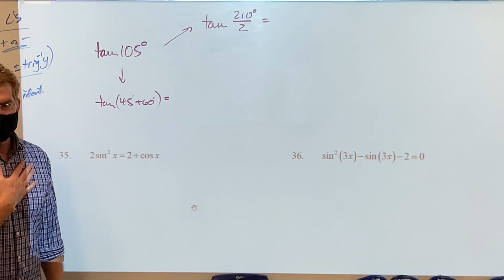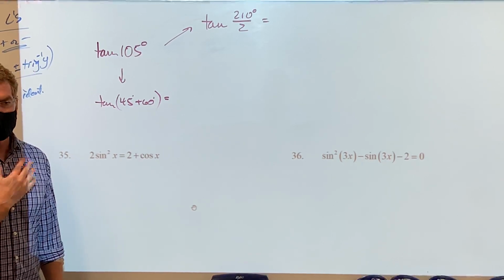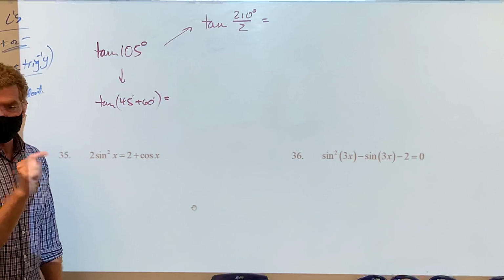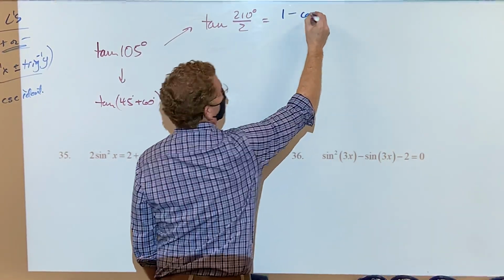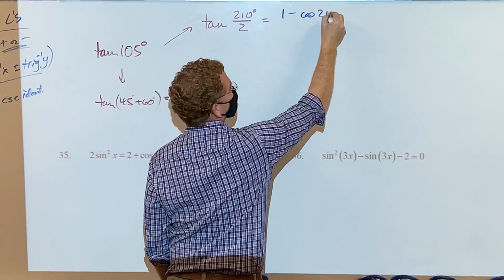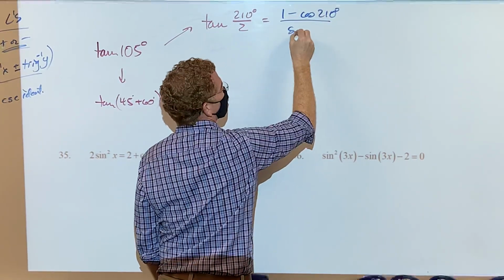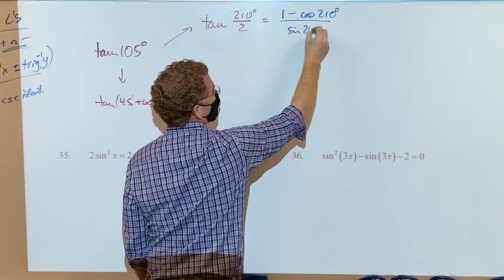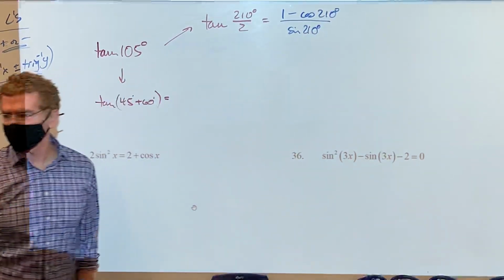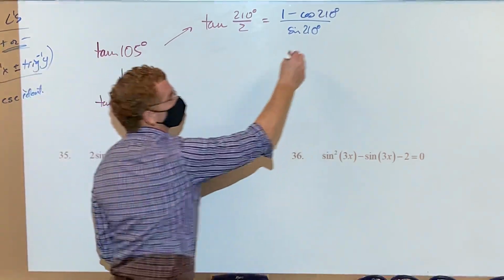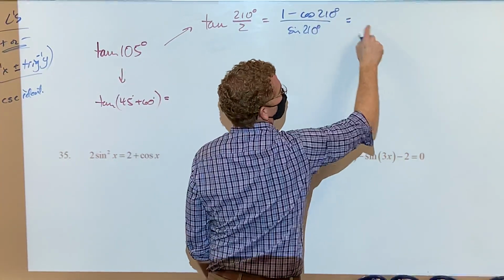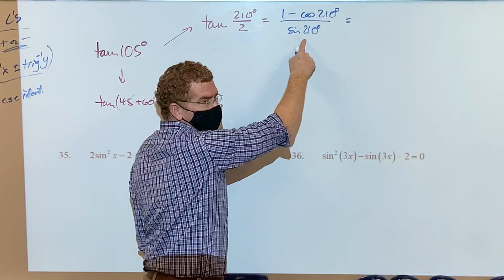And which one did I say was really easy and really nice and it was my favorite? It's the 1 minus the cosine theta over the sine theta. So I'm going to use the 1 minus the cosine theta over the sine theta. And now I don't have to think about the plus or minus or whether it is. And more than likely, I'm going to get a really clean answer that's just 3 parts. That's a monomial, right?